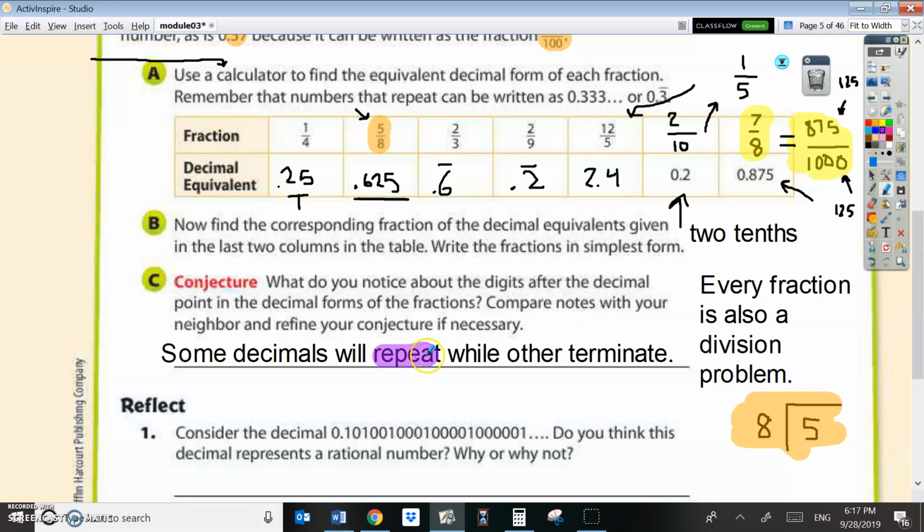Repeat will make those purple. They keep going, they repeat. And the others terminate, so we'll make them this tan color here. These are terminating decimals.